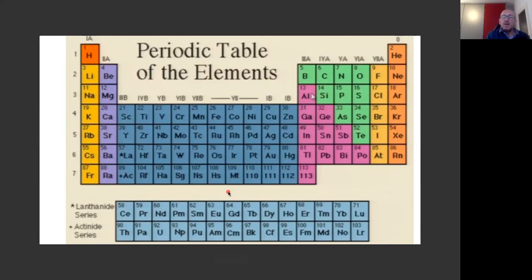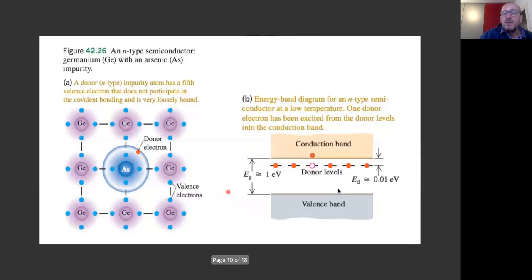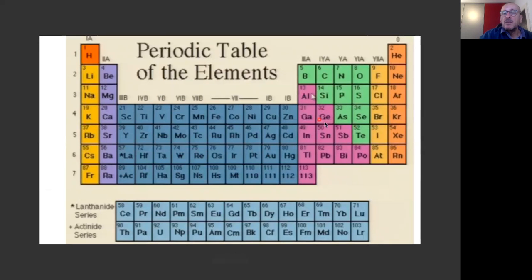I want to consider now a device. I'm going to try to make something up with germanium. Germanium would be my semiconductor, which has Z equals 32.